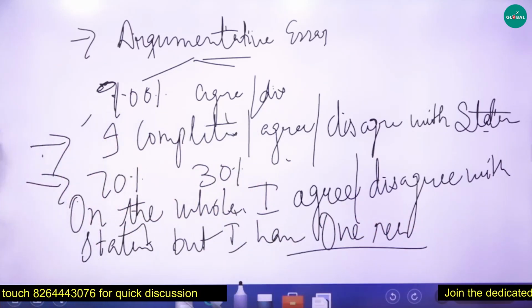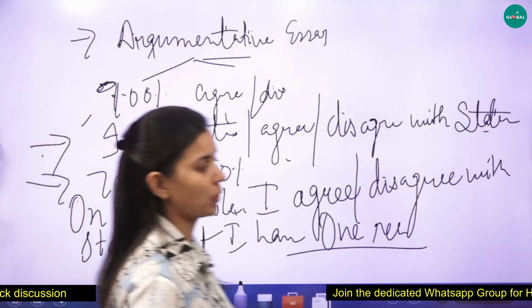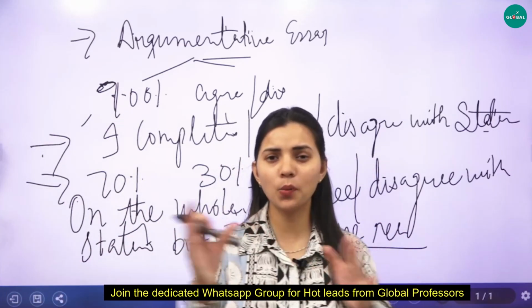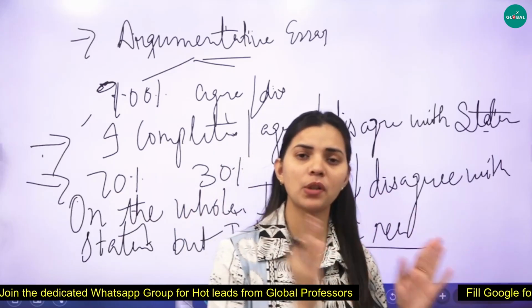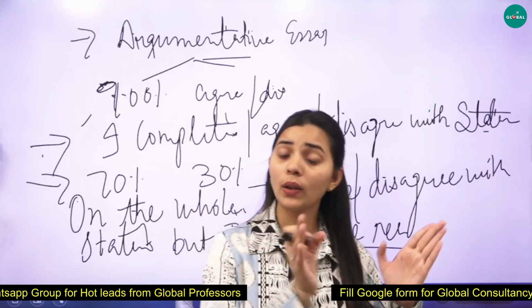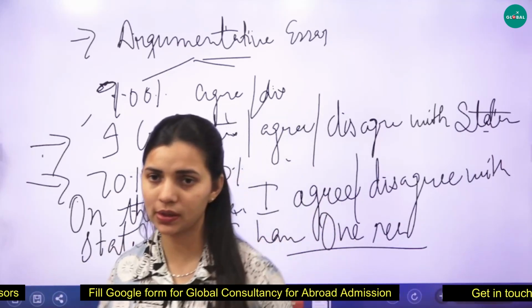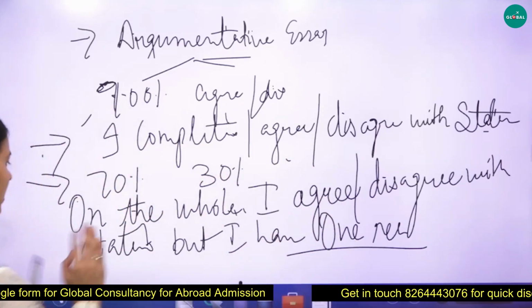One reservation means you're talking about 30%, and some reservations means you're 50%. I agree with the statement, but I have some reservations. Okay? On the whole, I agree or disagree with the statement, but I have one reservation. That is something 70-30. Okay?